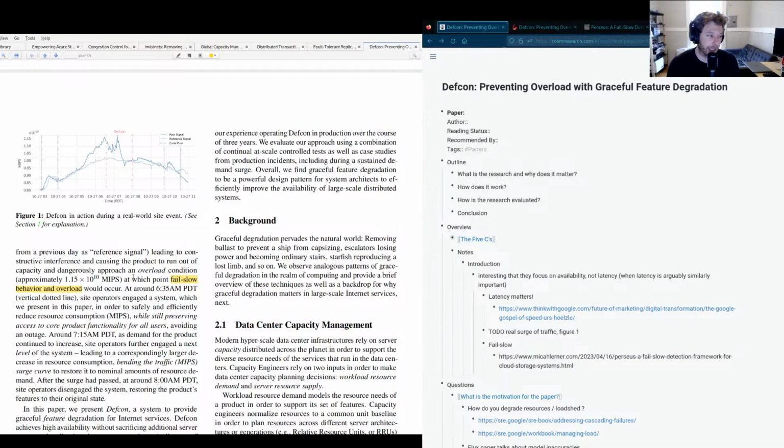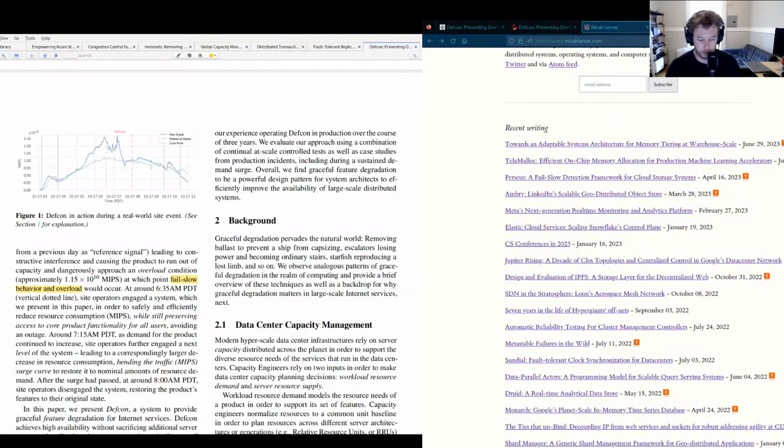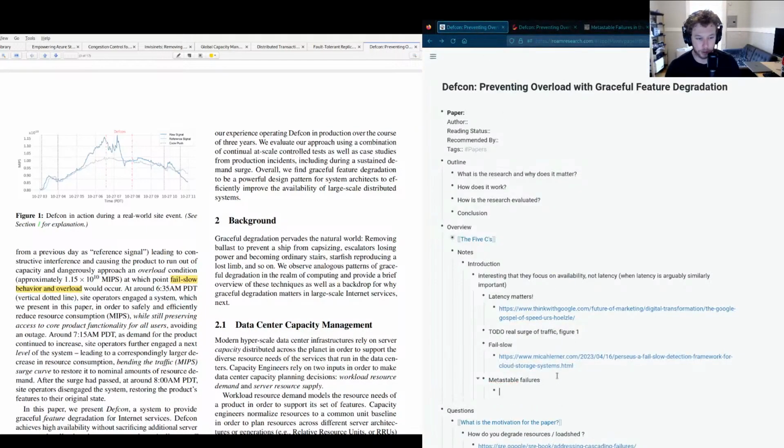Overload makes sense. Also, this is very closely related to another paper about metastable failures, "Metastable Failures in the Wild," written by a group of authors who looked at systems that get pushed into overload and then get put into a vicious cycle where they can't serve requests because they're overloaded.